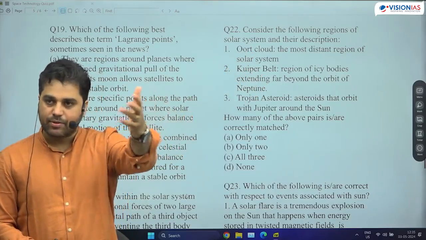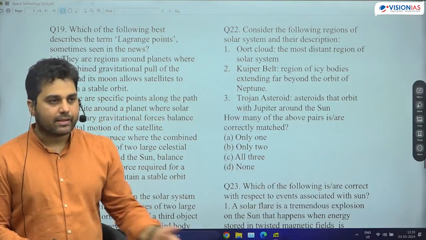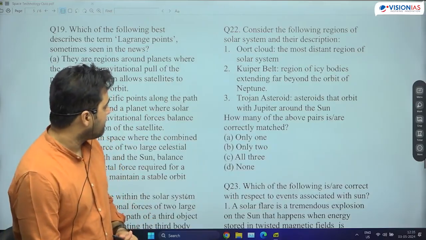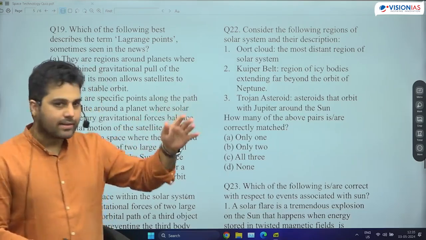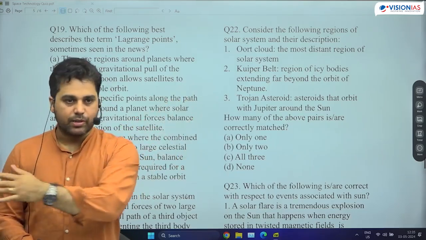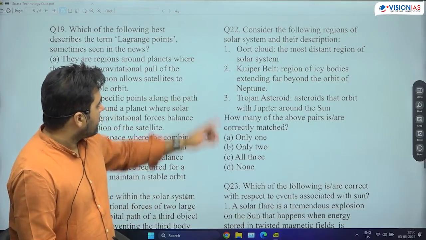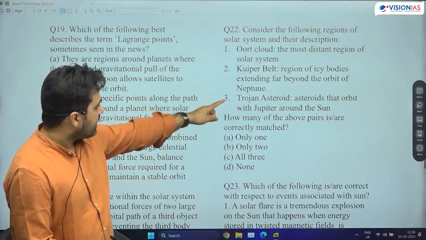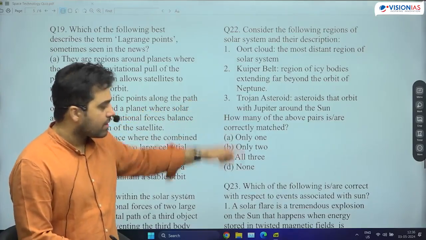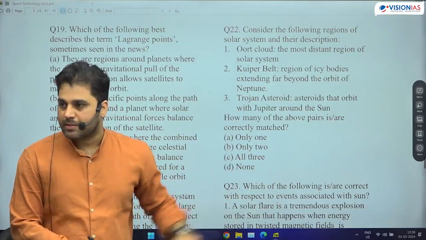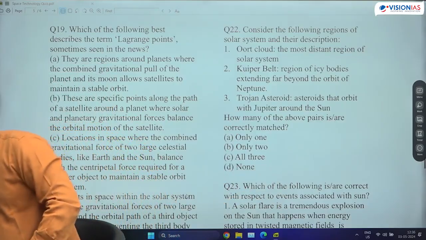They originate in the Oort cloud and travel in a very highly elliptical orbit around the Sun. Kuiper belt is the region a bit beyond Neptune, the Neptune-Pluto region, called the Kuiper belt. So first is true, second is true. And asteroids that orbit with Jupiter around the Sun are called Trojan asteroids. That is also true. Answer is all three here.